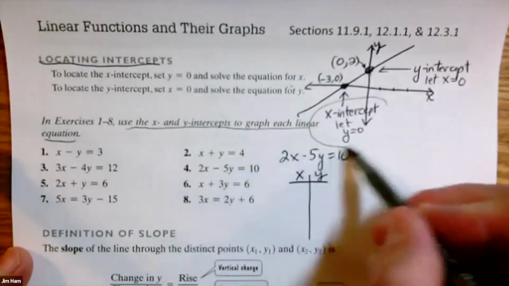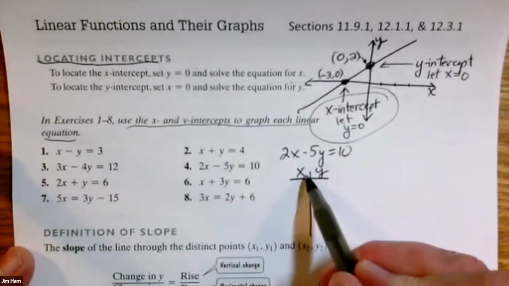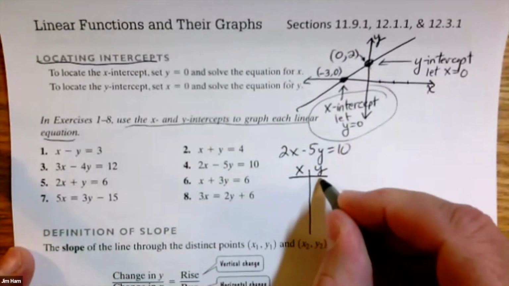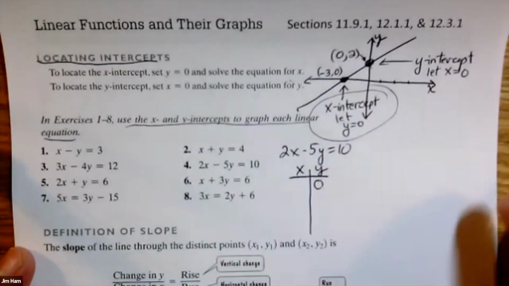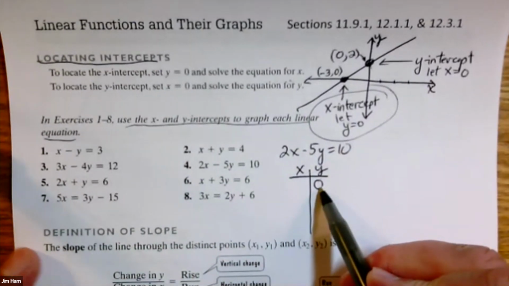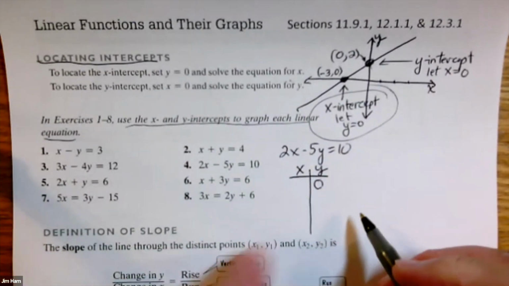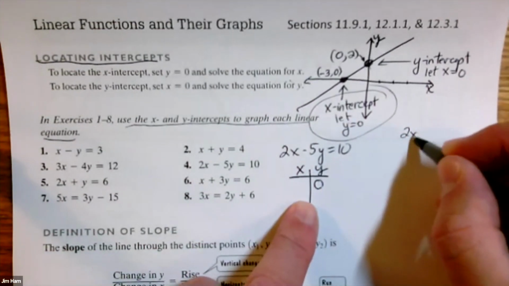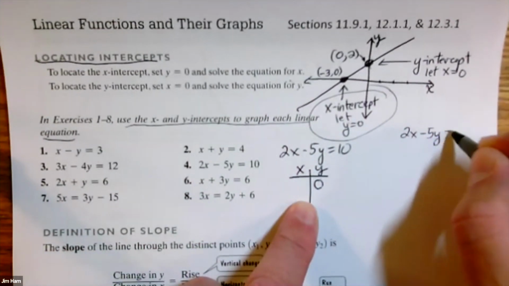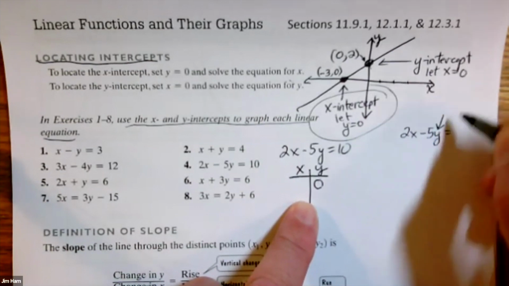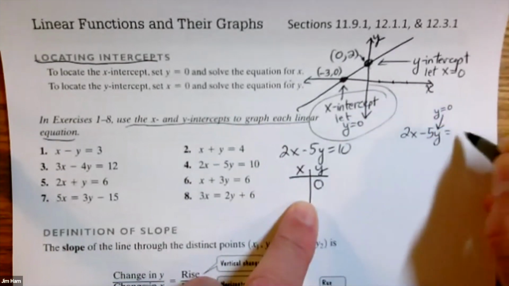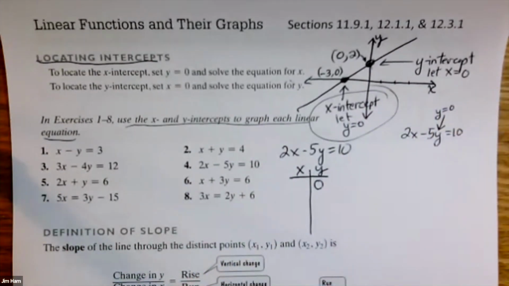So let's say we want to find the x-intercept. We're going to let the y-coordinate be 0 and put a 0 in there for the y. I'm going to take the equation now, and in place of the y, I'm going to let the y be 0.